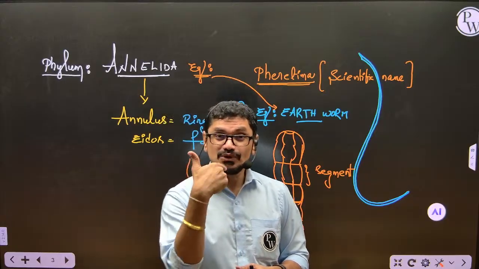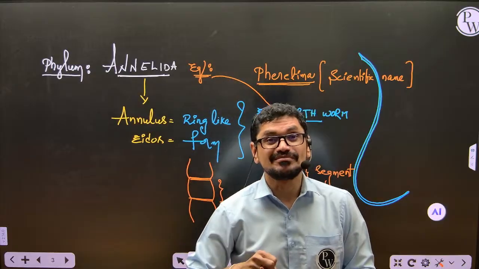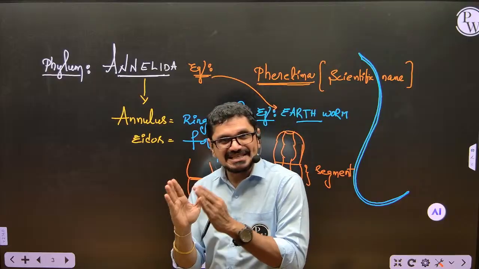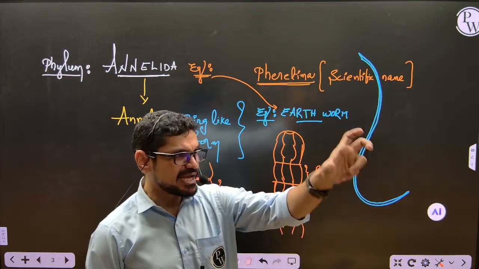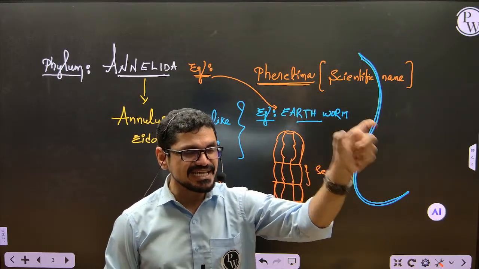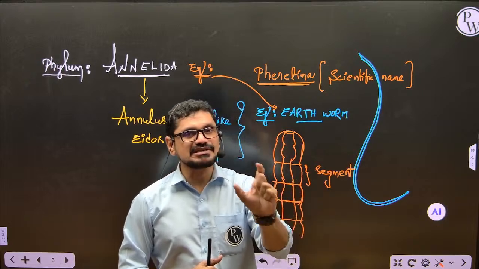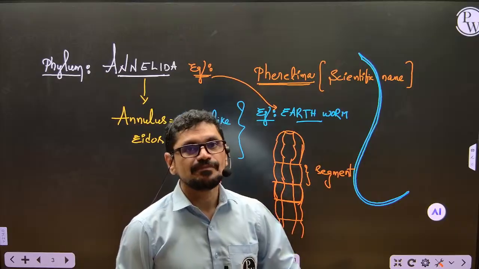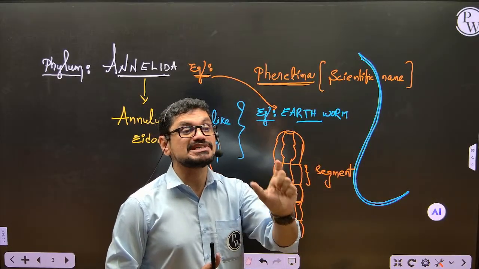You are using the word earthworm, whereas some persons may use the word rainworm, right? So the name will change. So to describe an animal, there should be a complete, perfect scientific name. Giving a specific scientific name to the animal is a very important thing. That is the reason why we give a specific scientific name.